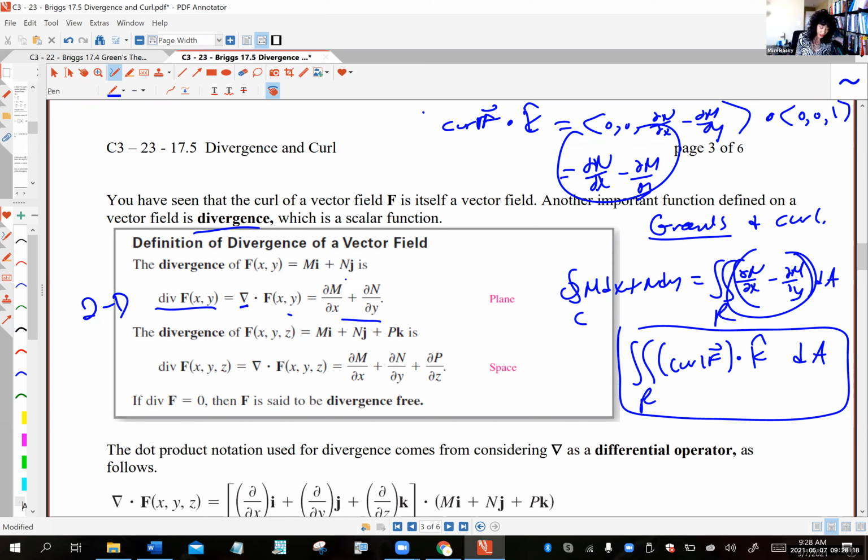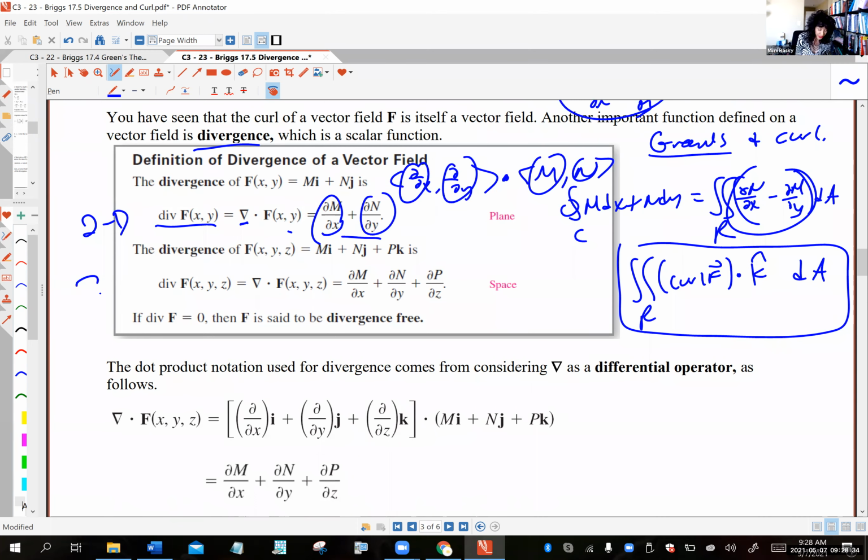If I did it in slow motion, it would look like d/dx, comma, d/dy, dot product, M, N. So d/dx times M gives you dM/dx, and then d/dy times N gives you dN/dy. That's it. And for 3D, it's the sum dM/dx plus dN/dy plus dP/dz. If your divergence is 0, your force field is said to be divergence free. It doesn't mean it's conservative though.